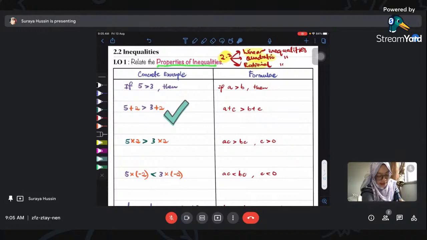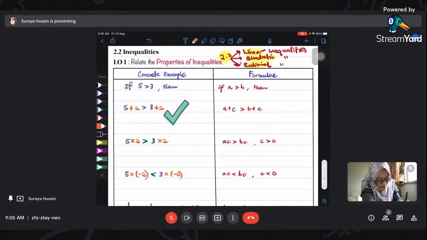Here, properties ni adalah knowledge yang paling basic, your prior knowledge, which means you must understand what is meant by more than, or I should call it as more than ataupun greater than. Okay, you should know that. I don't have to write it down. Okay, so now you faham 5 adalah melebihi daripada 3. Satu benda lah saya nak tunjuk, saya nak bagi tips sedikit.